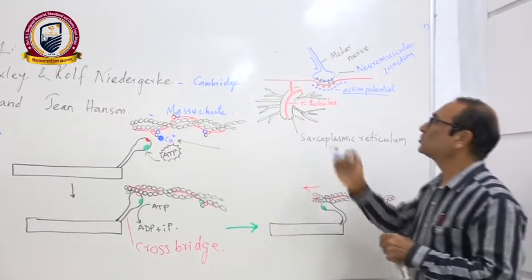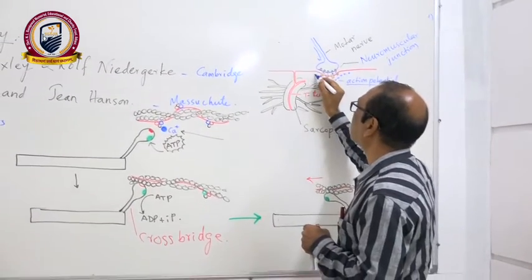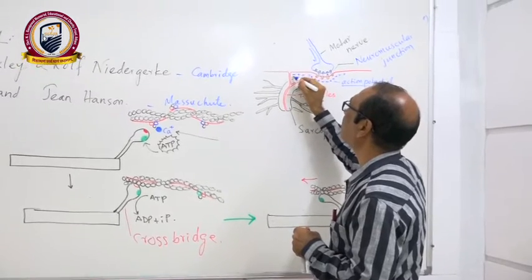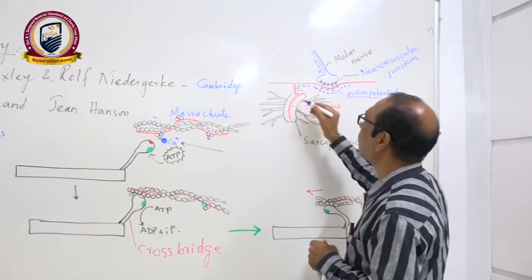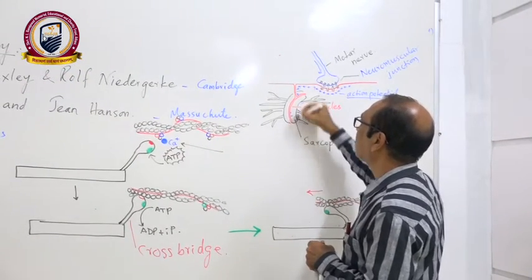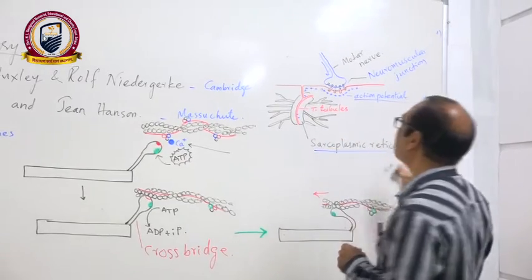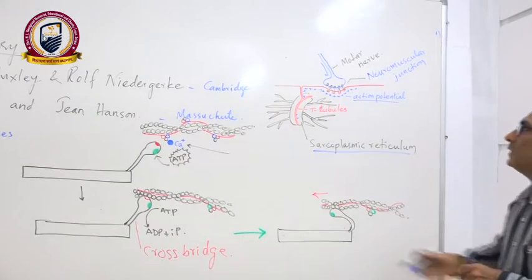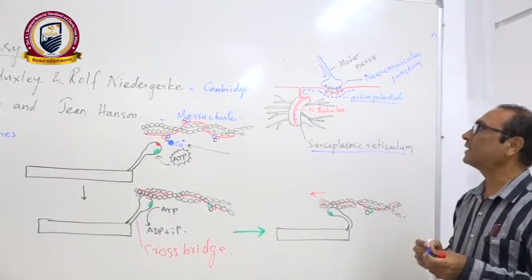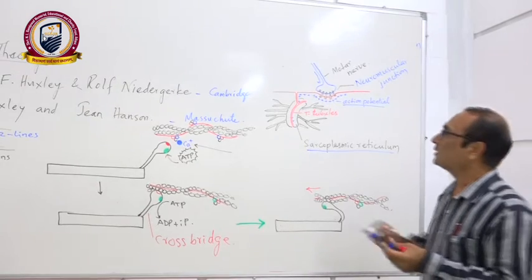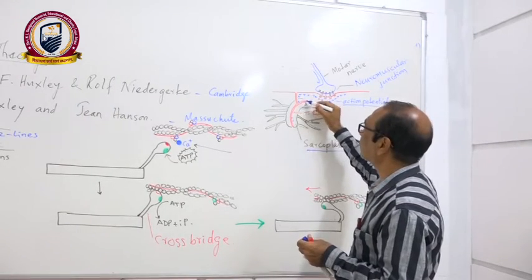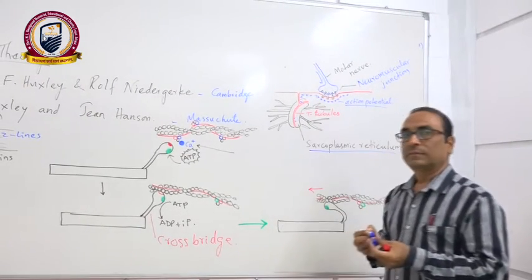So that action potential is generated, and it is carried by the T tubules down to the sarcoplasmic reticulum. And this sarcoplasmic reticulum gets activated. This is a T tubule, which is formed by infolding of the plasma membrane.